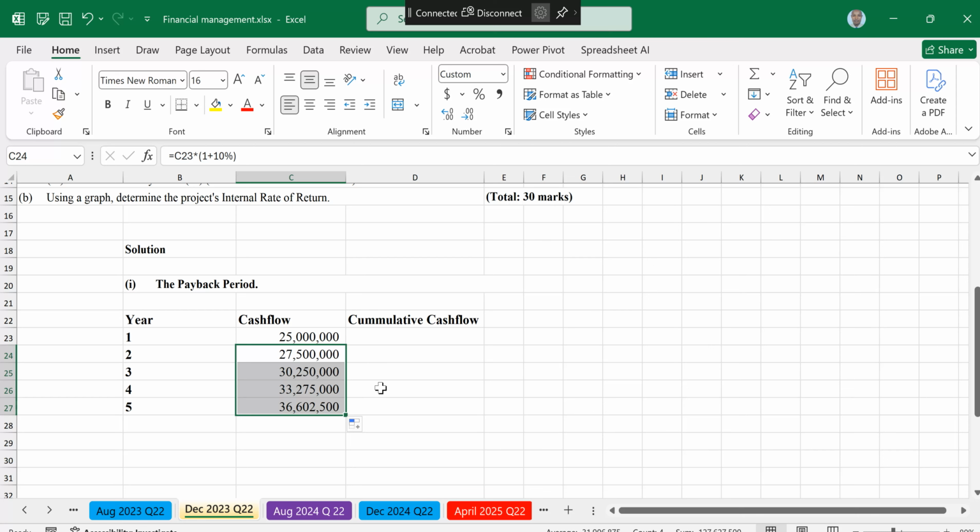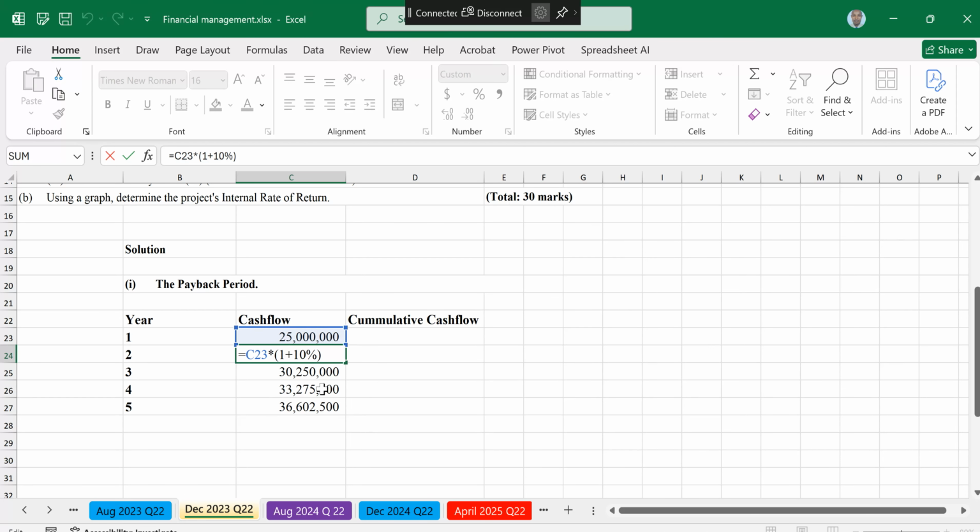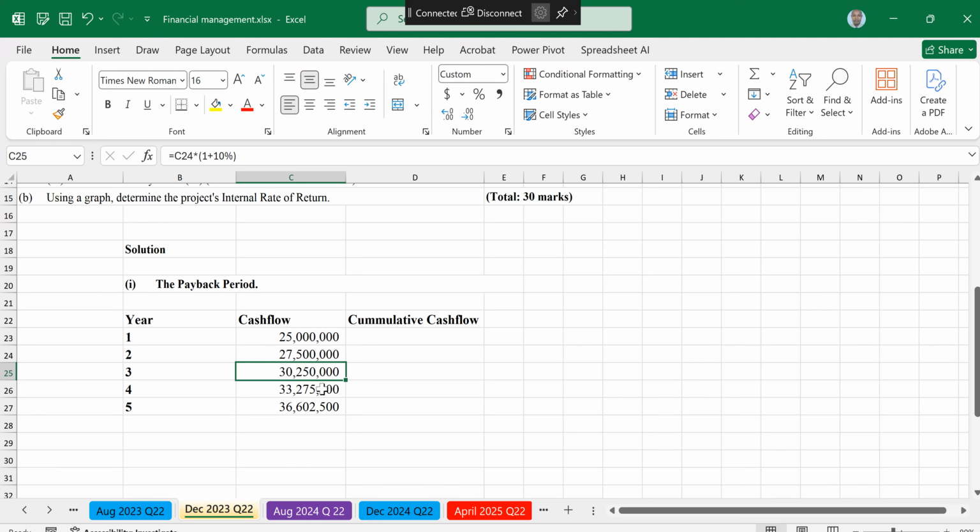The formula should be 25 million times, open bracket, 1 plus 10%. Or if you want, you can multiply by 1.1. The 25 million times 1.1 can also work. Drag it from 27,500 moving down, then you'll get the answer.